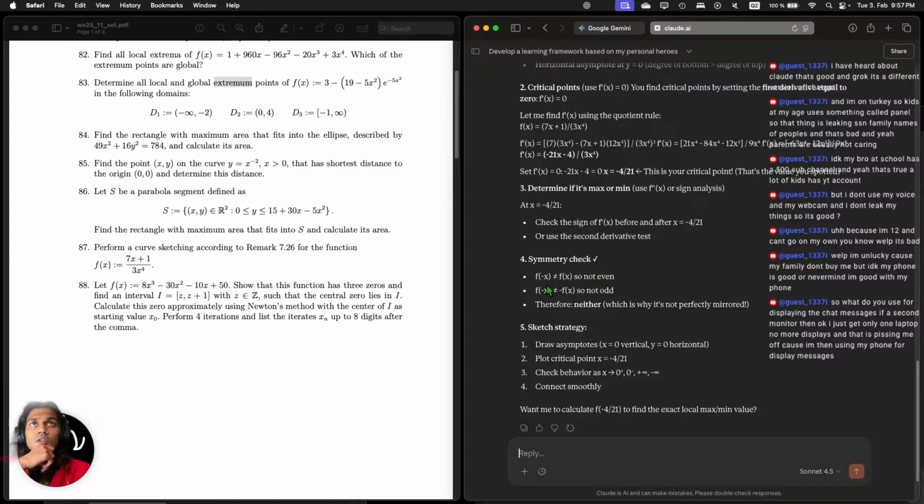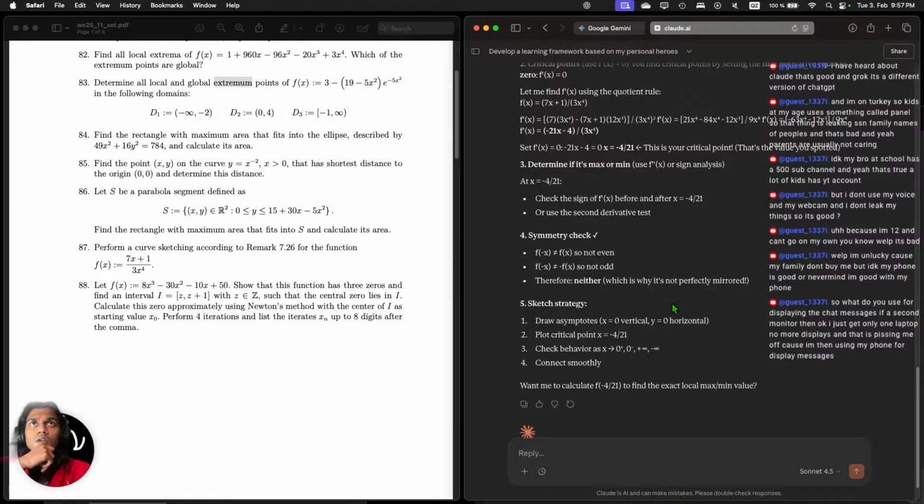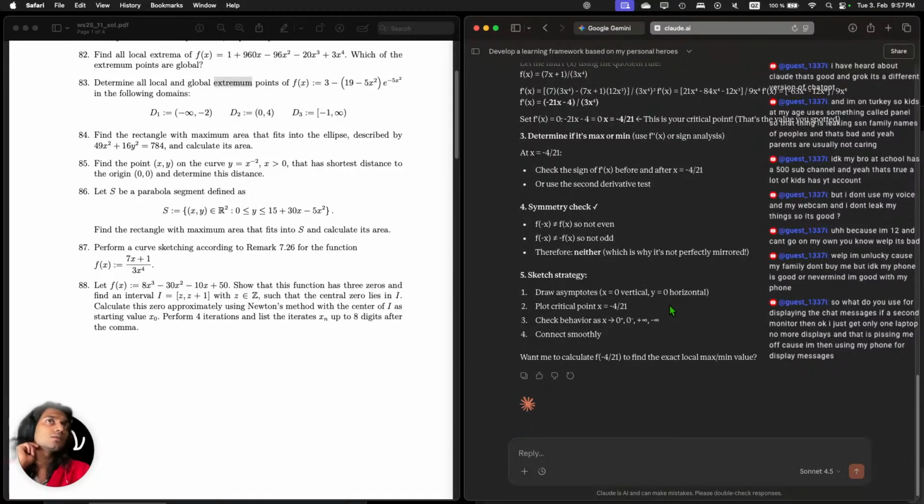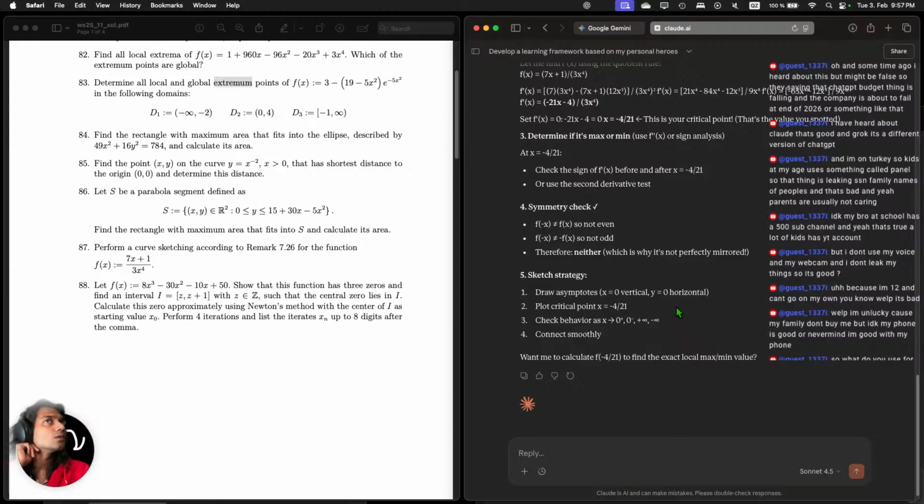Symmetry. Draw asymptotes. Plot critical points. Okay.